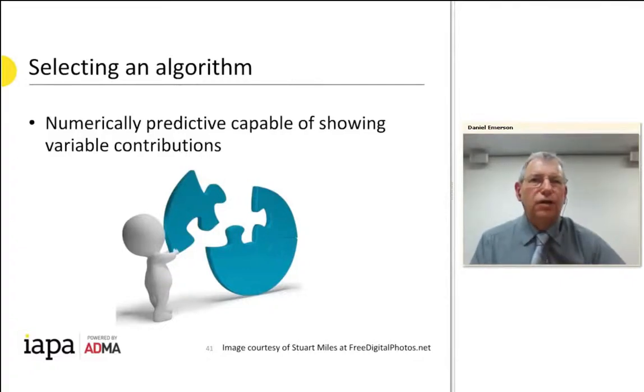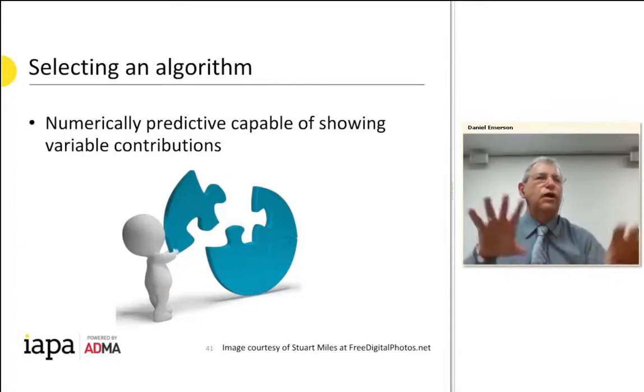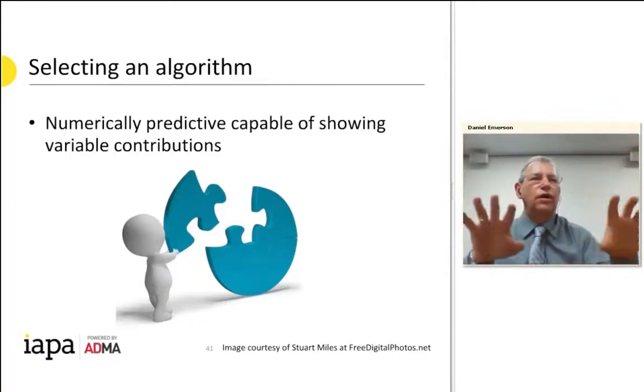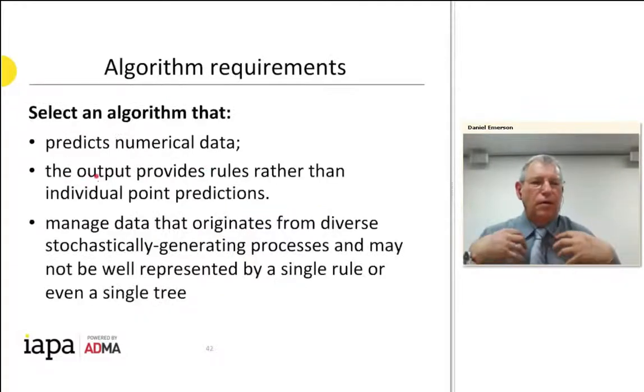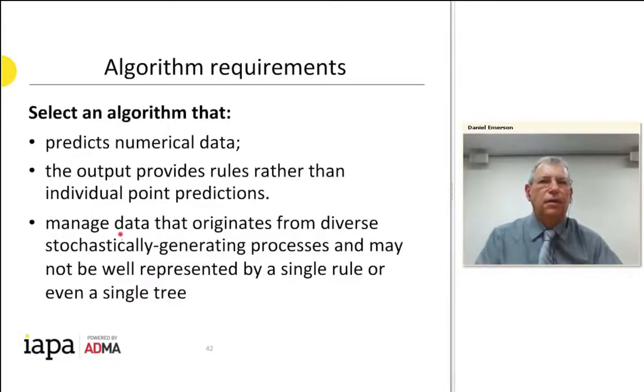We want to manage data that originates from diverse stochastically generated processes. In other words, we've got a whole heap of different classes of roadway here, whose variables interact differently from class to class, and this is not well represented by a single rule or even a single tree.